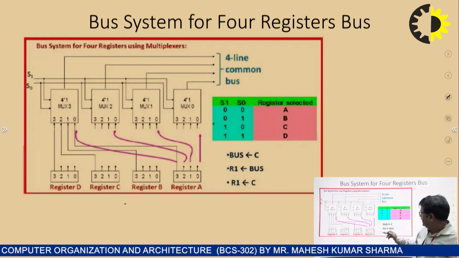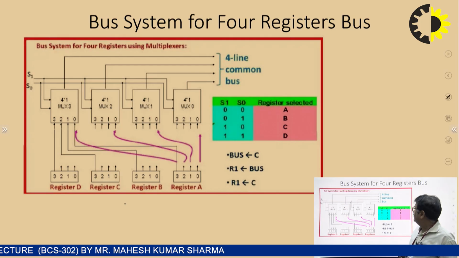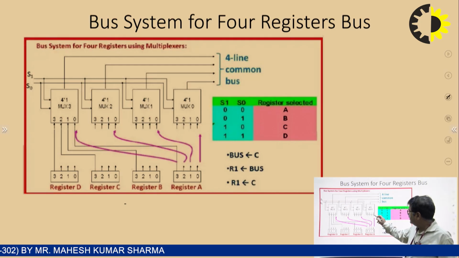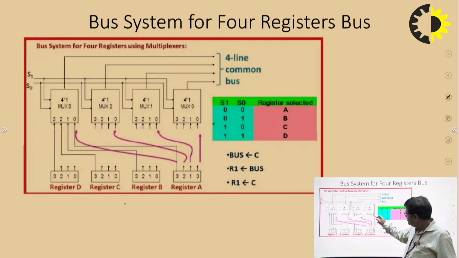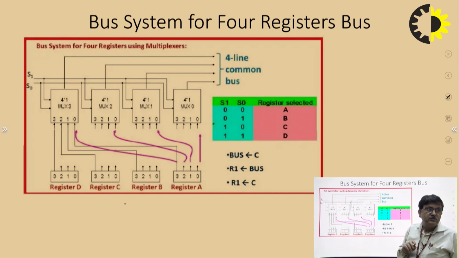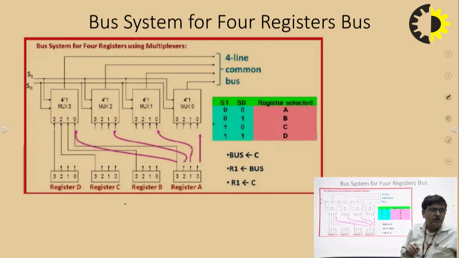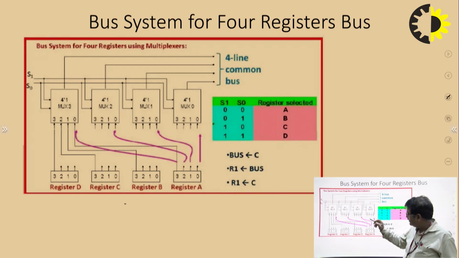Bit 0 of register A is connected to the 0 pin of the first multiplexer, bit 1 is connected to the 0 pin of the second multiplexer, the second bit of register A is connected to the 0 pin of multiplexer 2, and the third bit is connected to the 0 pin of the fourth multiplexer.